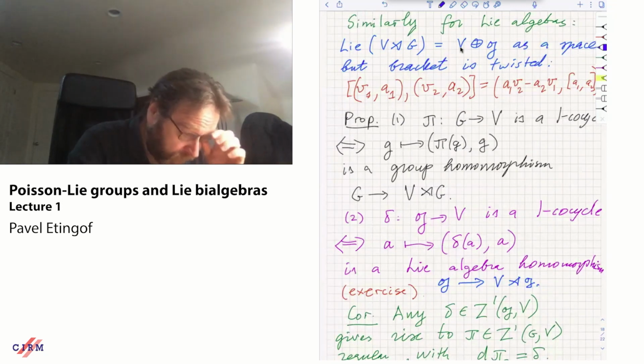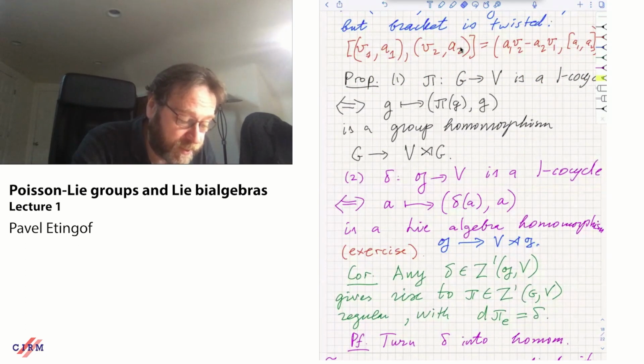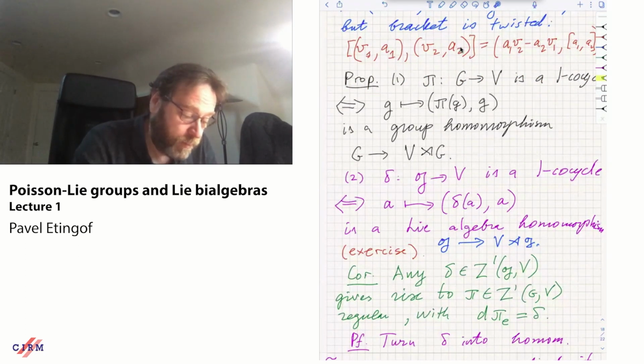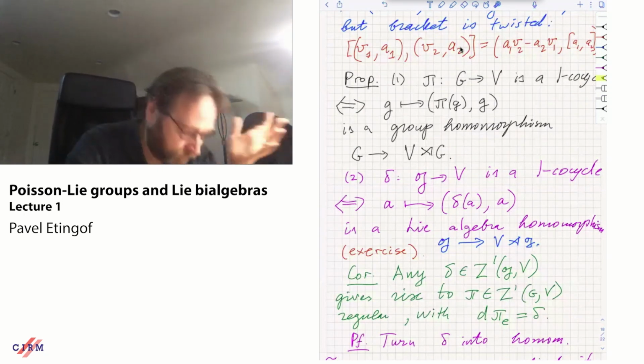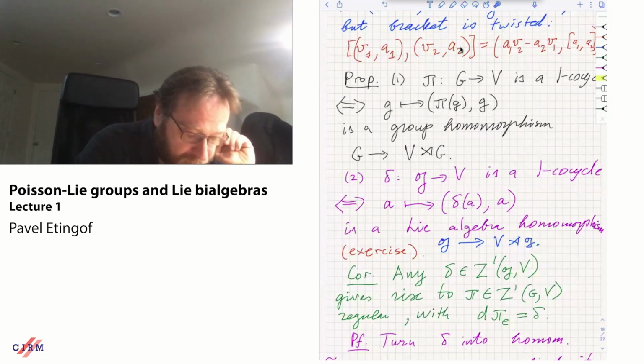And so a corollary of this is that any one cocycle for Lie algebras can be lifted to the group. So it gives rise to a one cocycle pi of the Lie group, which is regular in the corresponding category, so smooth, holomorphic, formal, and so on. And its differential at E equals delta.